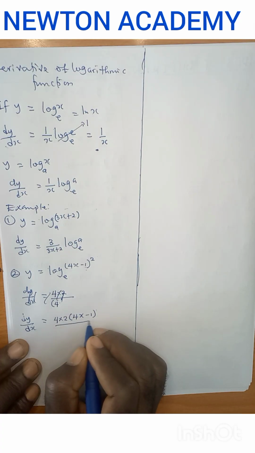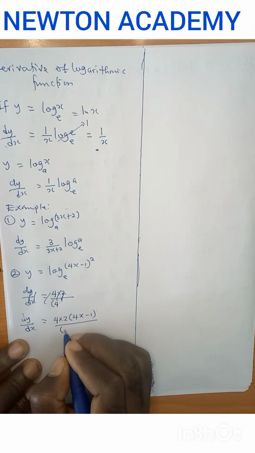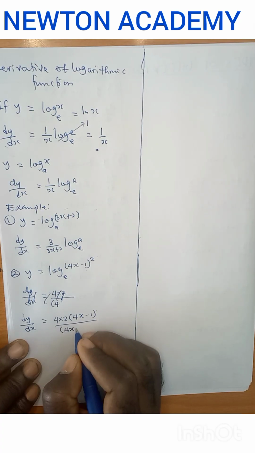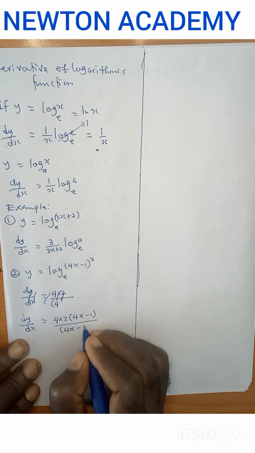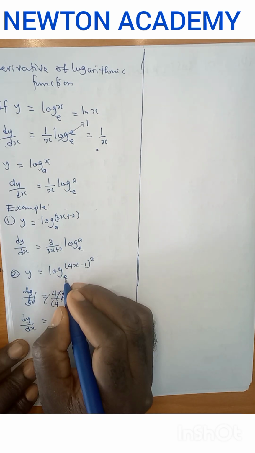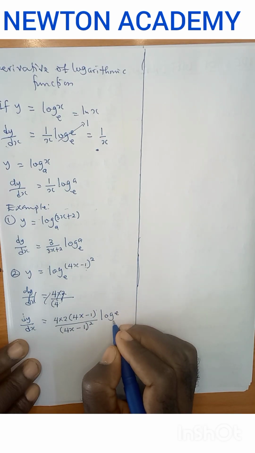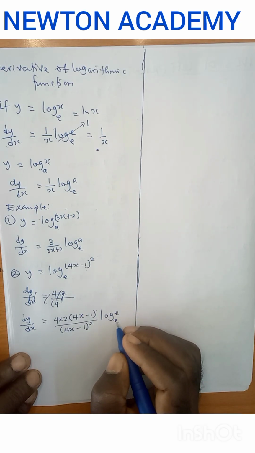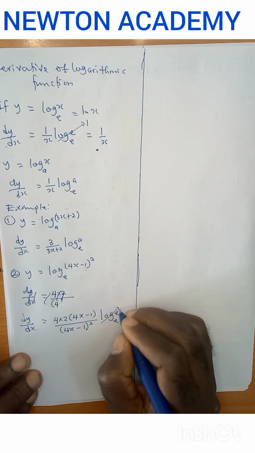Then over the function itself, that is the rule of differentiation of logarithmic function. Then log, this one will go up to be replaced with e. Then log e base e is equal to 1.